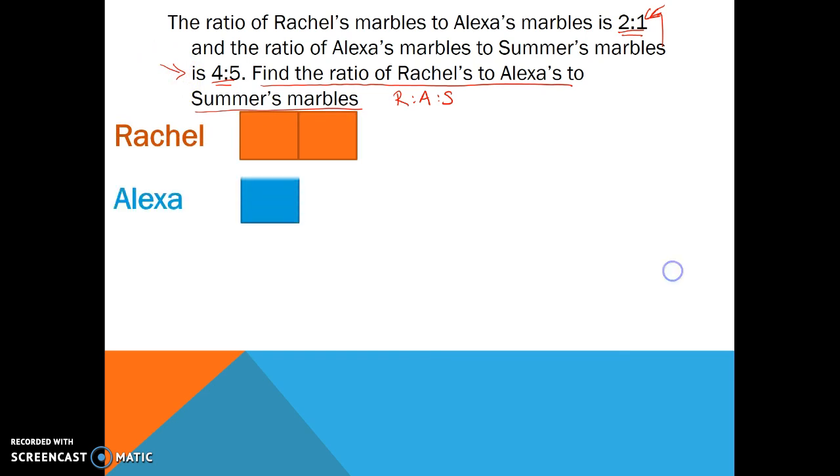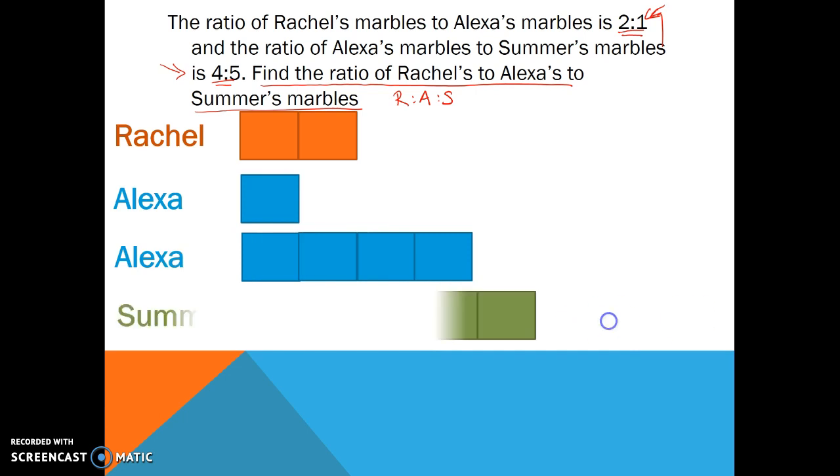Rachel has 2 units, Alexa has 1 in the first situation. When we're comparing Alexa to Summer, Alexa has 4 units and Summer has 5. So if we want to compare Rachel to Alexa to Summer in one ratio, we need for Alexa's units to be the same.